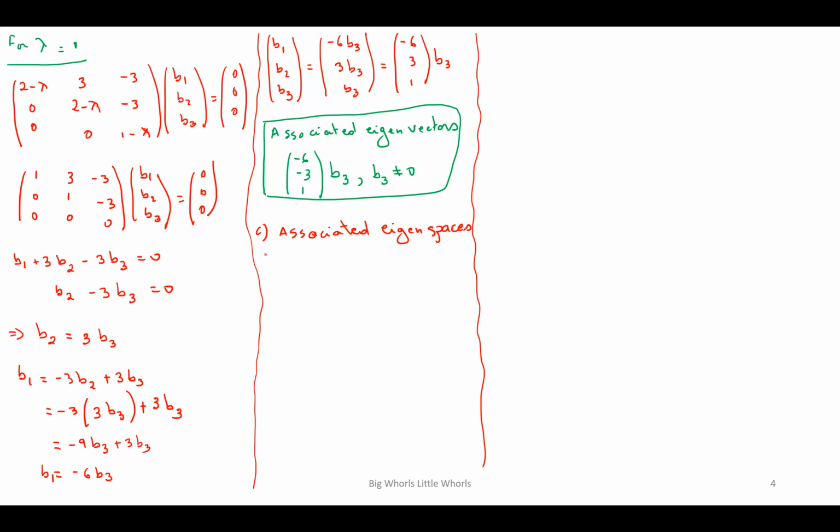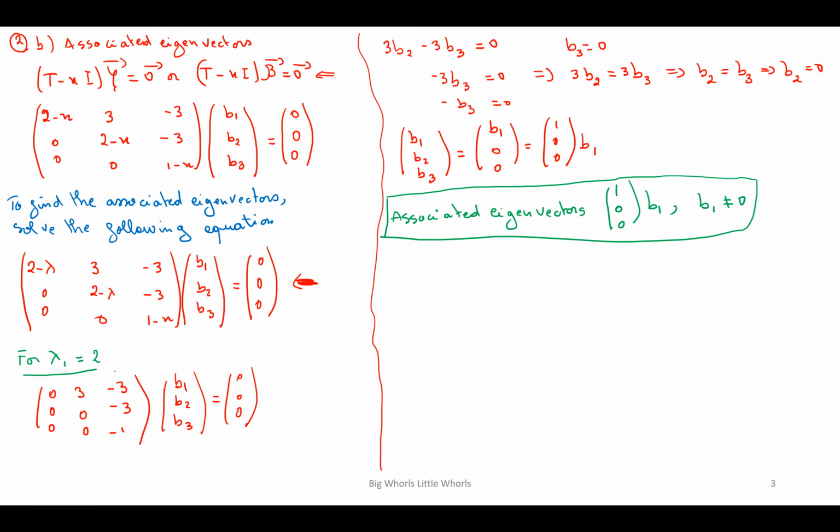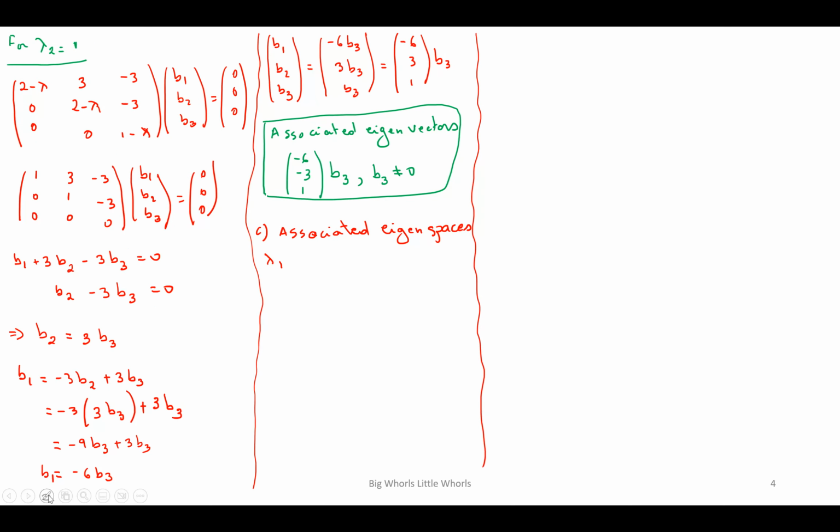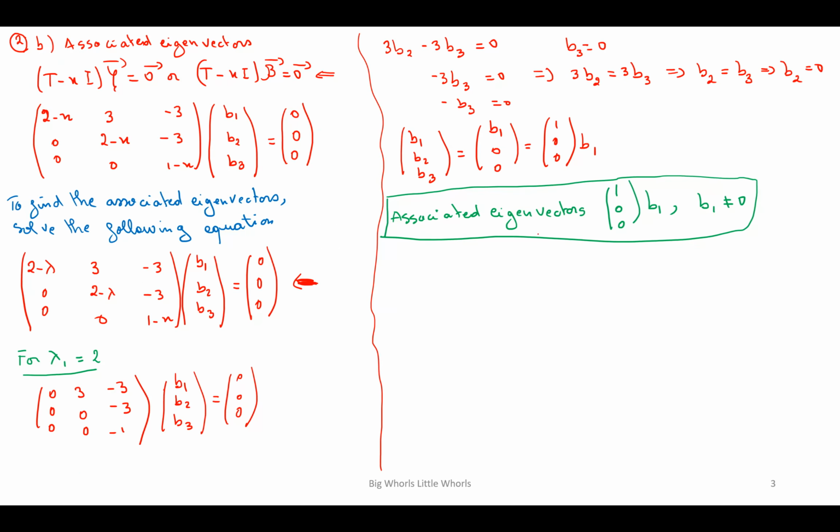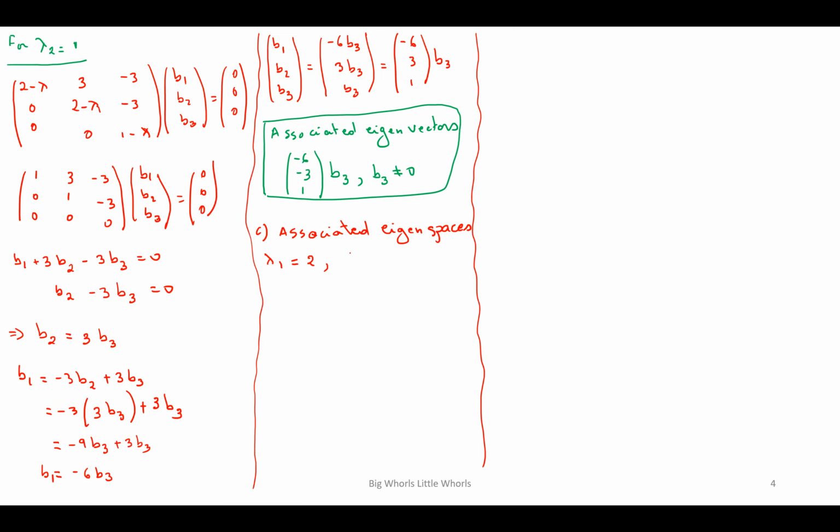If you remember, lambda 1 is 2, lambda 2 is 1. So for lambda 1 equals 2, how did we write the associated eigenvectors? We have (1, 0, 0, beta 1) with beta 1 being different from 0.